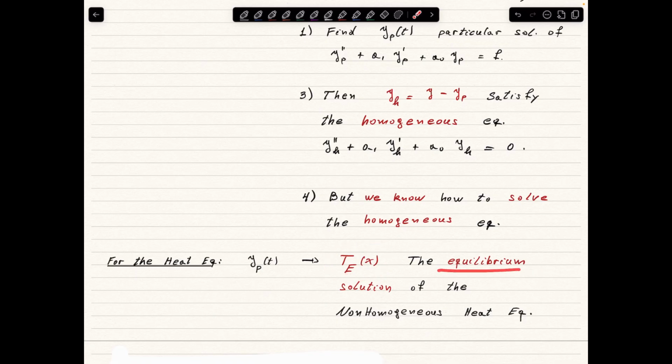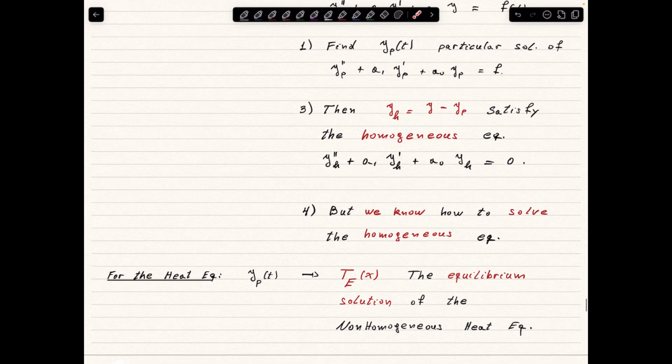This is going to be an equilibrium solution of the non-homogeneous heat equation. So now our next step is to introduce what this function is, and then we are going to see how we can use it to reproduce this idea, but now for the heat equation.